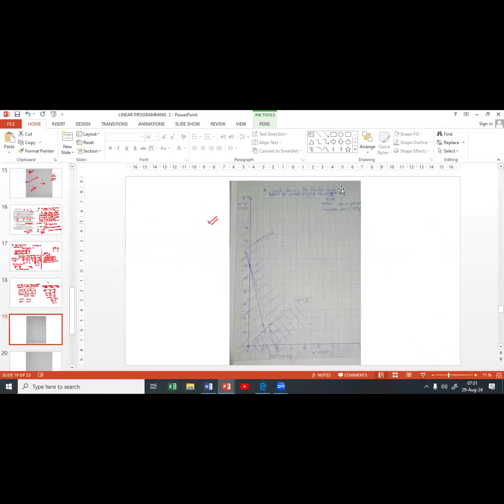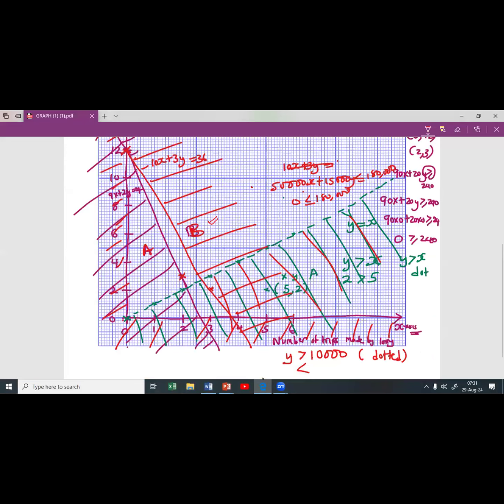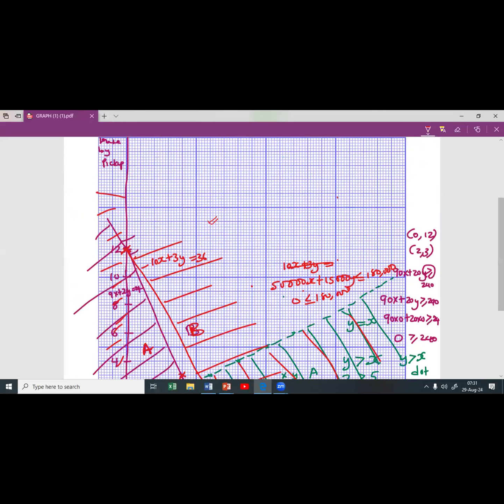When you check our graph, you notice the one I shaded last. This line here is the line y equals 0, the x-axis. That's why I shaded it. This line here is the line x equals 0. So that's why we shaded this side.